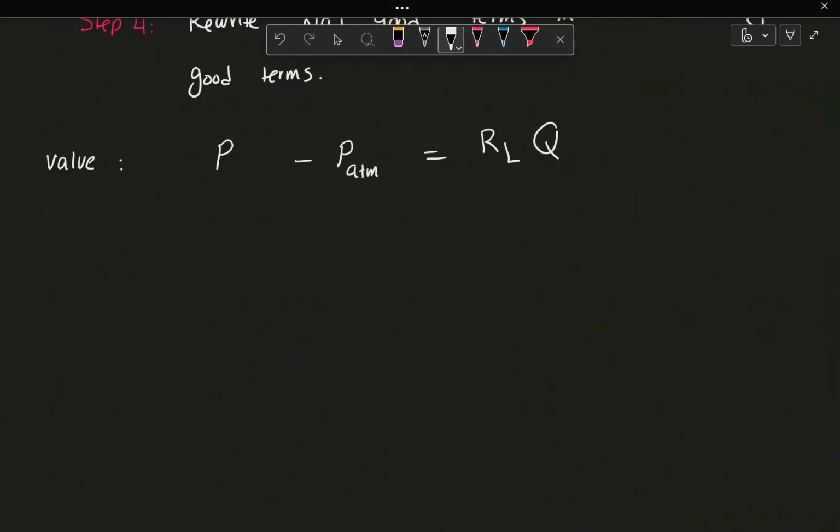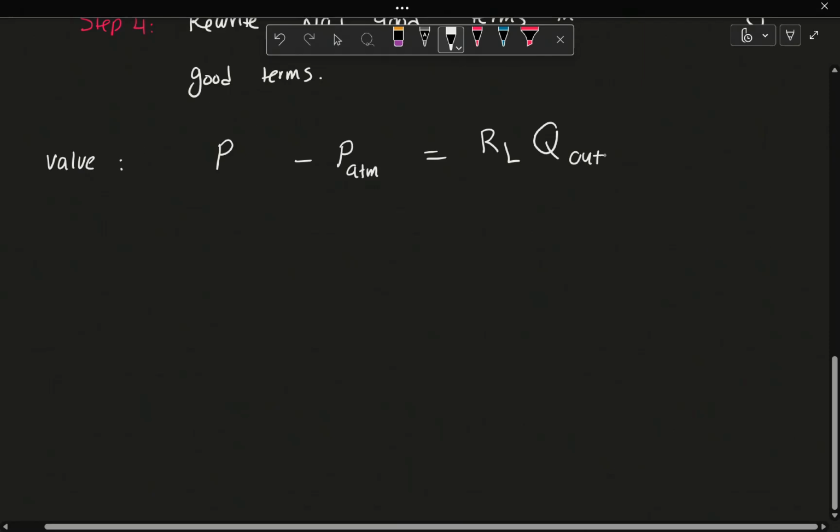And for the Q, it's going to be Q out. Now if you solve this equation for Q out, you see that your Q out would be P minus P atmosphere over RL.